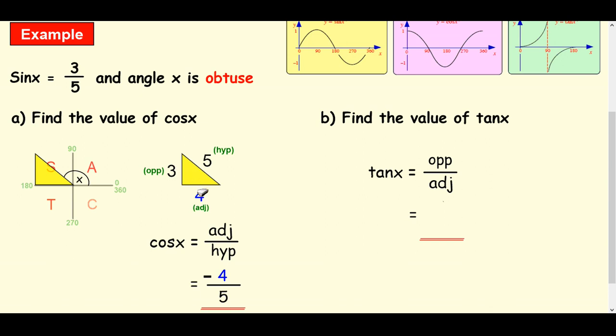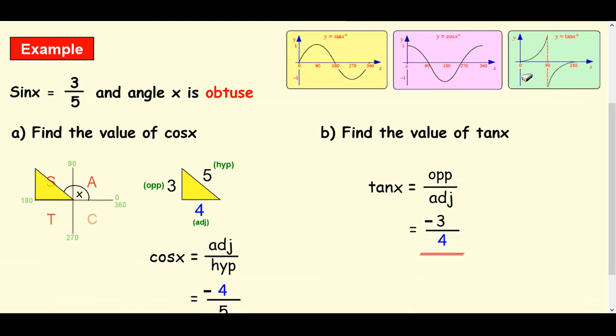So it would be 3 over 4. But again, because we're in the second quadrant between 90 and 180, because our angle's obtuse, we're going to have a negative value of 3 over 4. And again, if you look at this graph up here, you can see tan between 90 and 180, obtuse angles, is negative. So you can do your normal trig work with your triangle, but you've got to decide whether the answer is positive or negative.